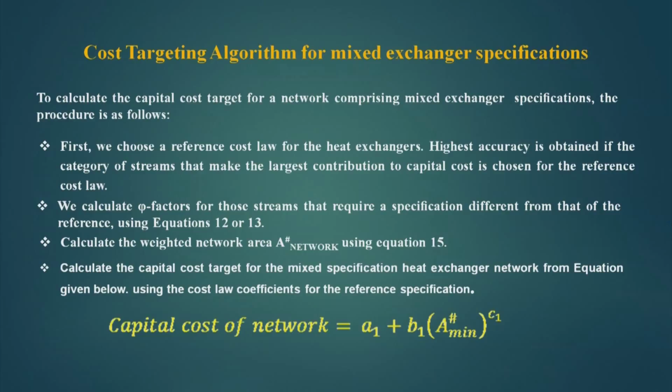Highest accuracy is obtained if the category of streams that make the largest contribution to capital cost is chosen for the reference cost law. Now, basically the category of streams which will make the largest contribution to capital cost will be near the pinch, because near the pinch the heat exchangers will have the largest area, and once they have largest area, they will contribute more towards the capital cost.